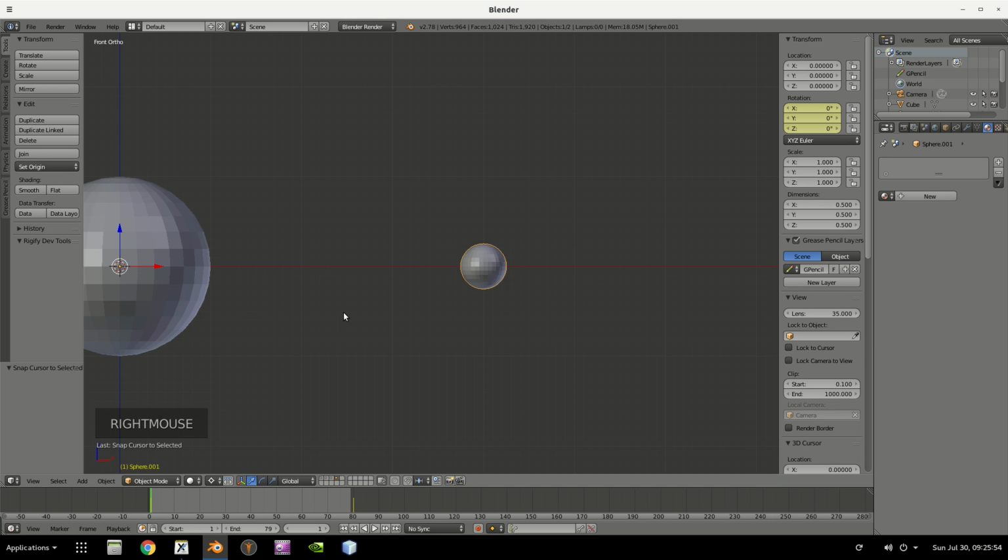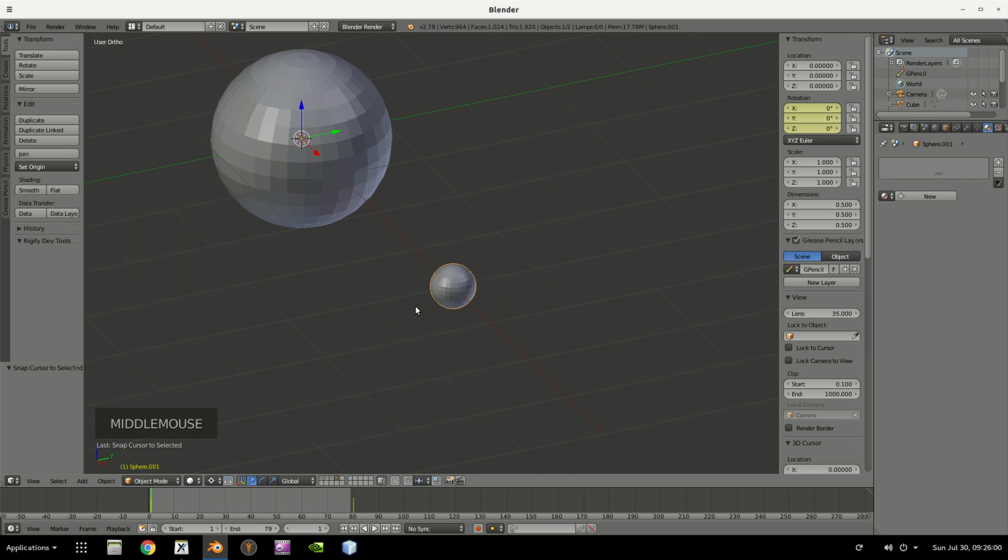Okay, I've changed my 3D cursor, or have I? This is not the selected one.